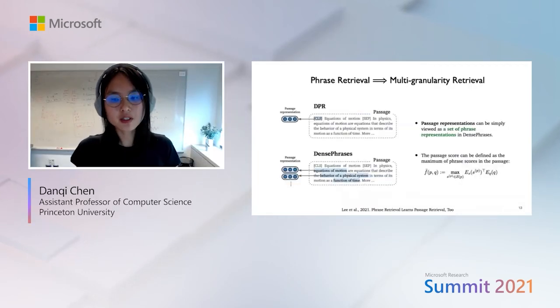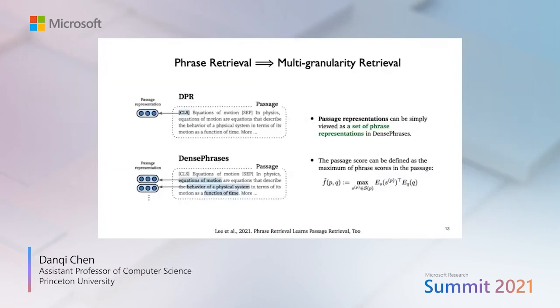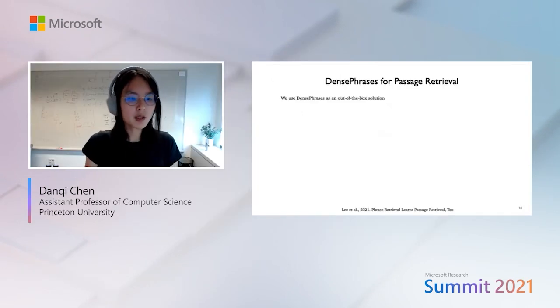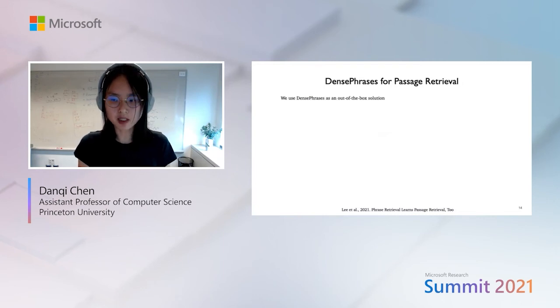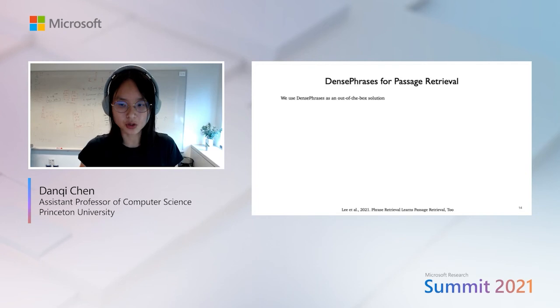So with this view in mind, we can think of the passage representations as a set of the phrase representations in DensePhrases. And the passage score can be just defined as the maximum of the phrase scores in each single passage. And we conducted an apples-to-apples comparison between DensePhrases and DPR for passage retrieval.